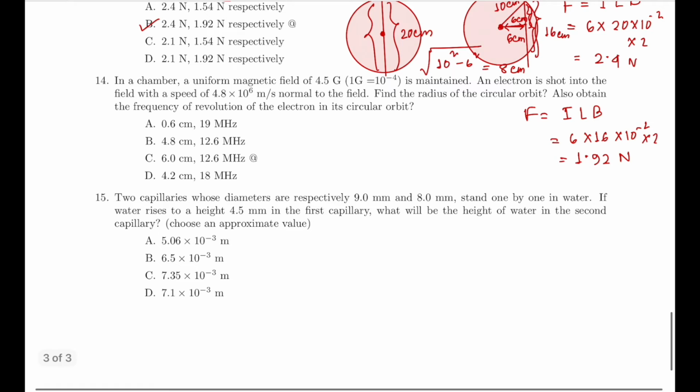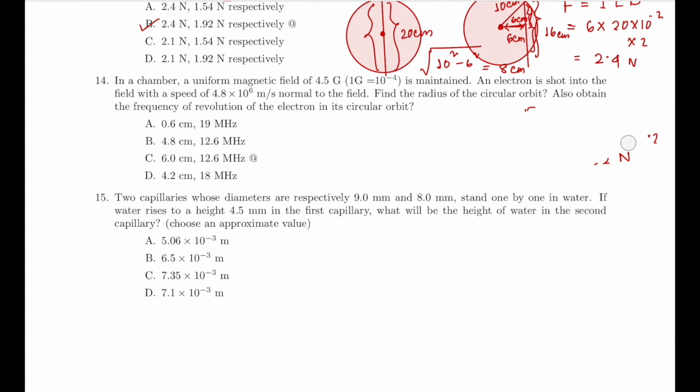So the next question is, in a chamber a uniform magnetic field of 4.5 Gauss is maintained, and an electron is shot into the field with a speed 4.8 into 10 to the power 6 meter per second normal to the field. Find the radius of the circular orbit and obtain also the frequency of revolution. As we know, the force on the electron qvB must be equal to mv square by r.